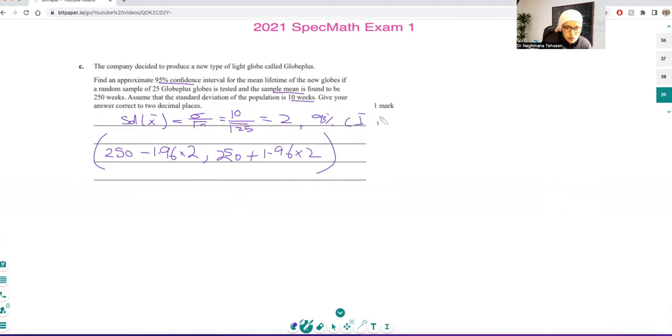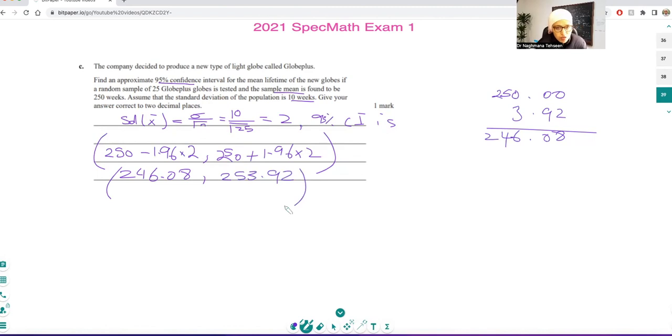Then we need to do a bit of multiplication. 1.96 times 2 gives 3.92, and 250 minus 3.92 gives you 246.08, and then 250 plus 3.92 gives you 253.92.